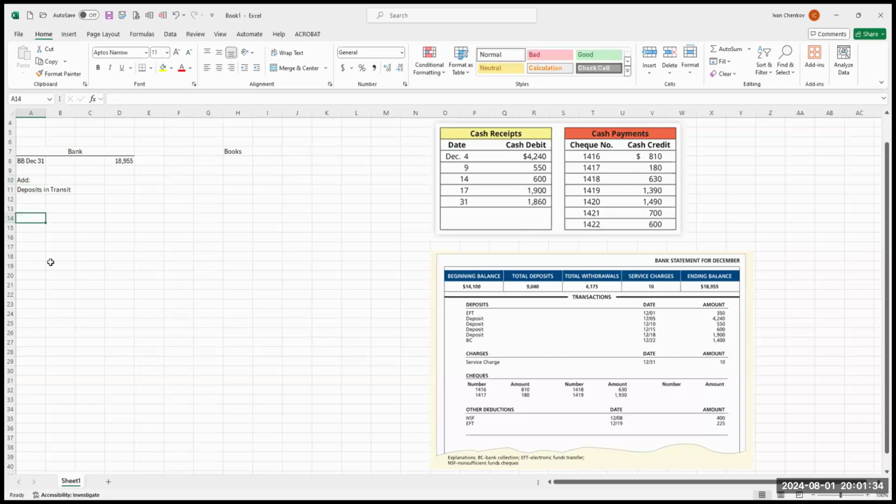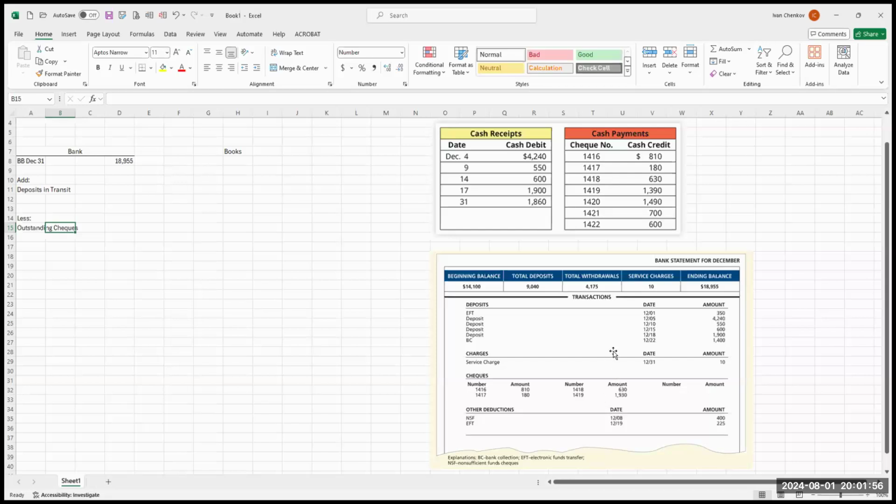And the second thing that we have to do is deduct any outstanding checks. Outstanding checks means that they're already in our cash journal, they're already deducted from our cash, but they haven't cleared the bank.